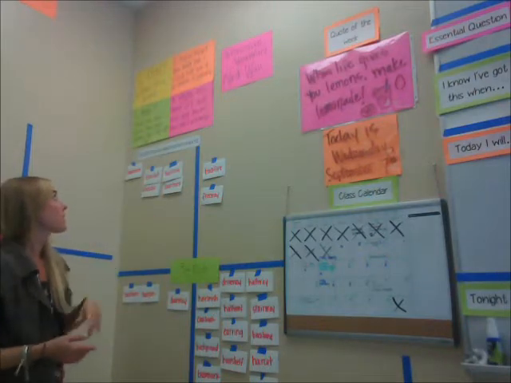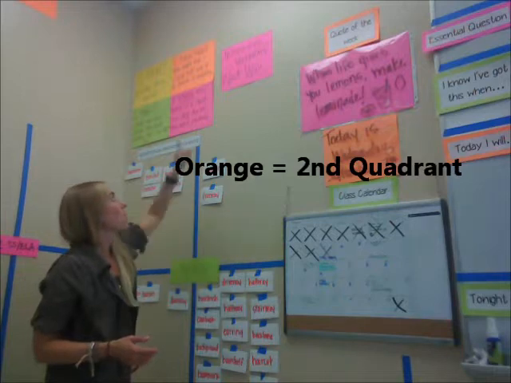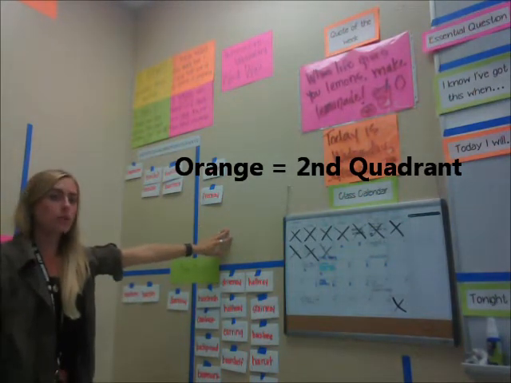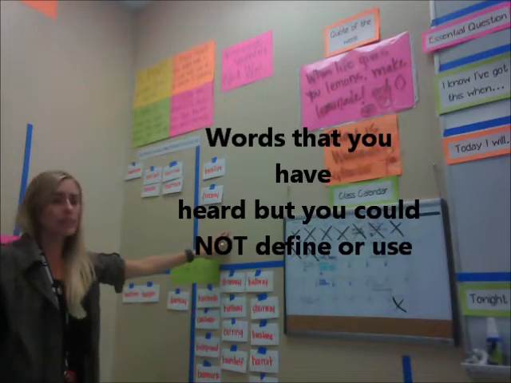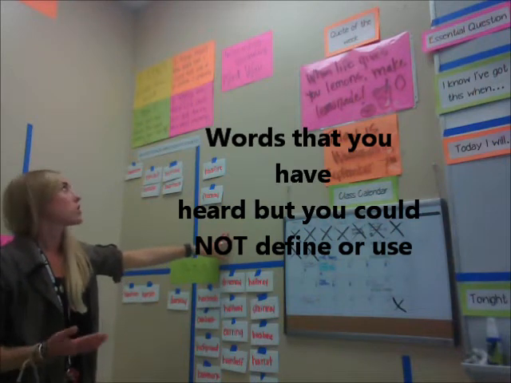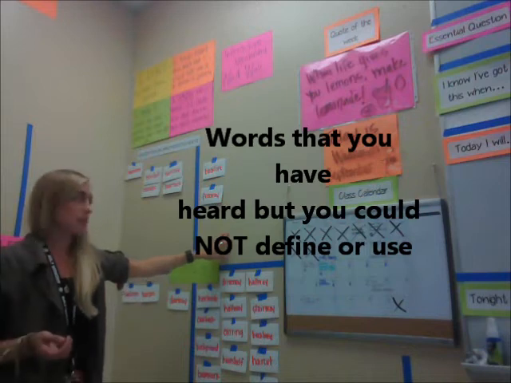Okay? The second quadrant is the orange quadrant. Orange is number 2. And that is where you put words that you've heard, but you have no idea how to use them, and you could not tell anybody what it means. So you maybe have heard it, but you have no idea what that word means.